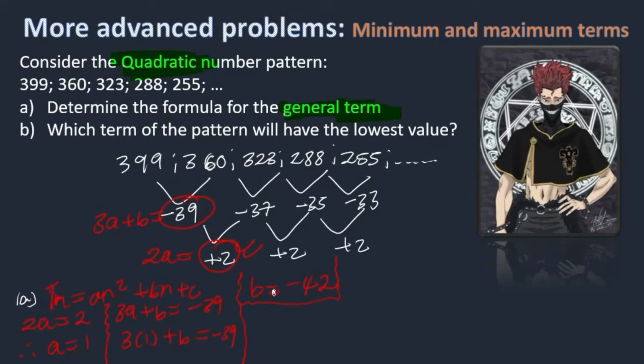And then, what else? I have to find c. To find c, I must say a plus b plus c is equal to the first number there. So a plus b plus c must be equal to 399. Substitution. My a is 1. My b is negative 42. Let me write it there.